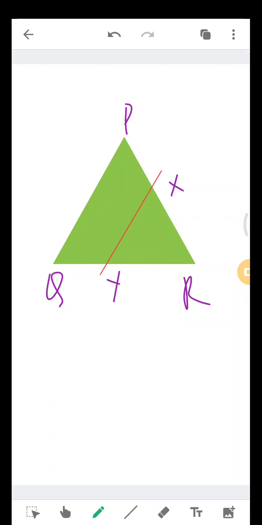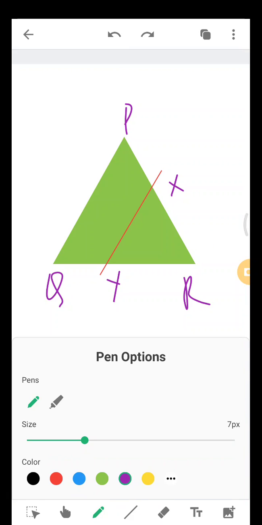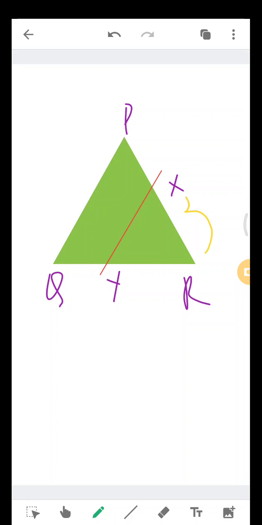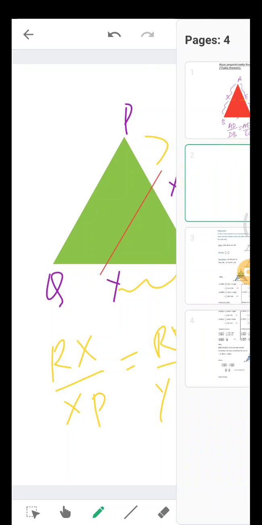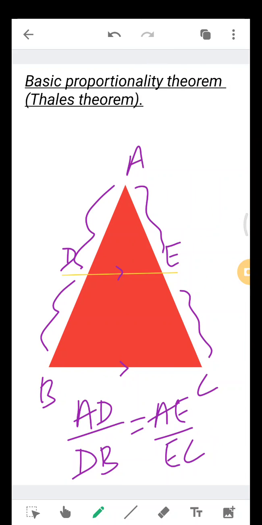The sides will be divided in this way: RX by XP is equal to RY by YQ. So however you draw a line parallel to one side of a triangle, that line will divide the other two sides in the same ratio. That is the theorem, Thales theorem.